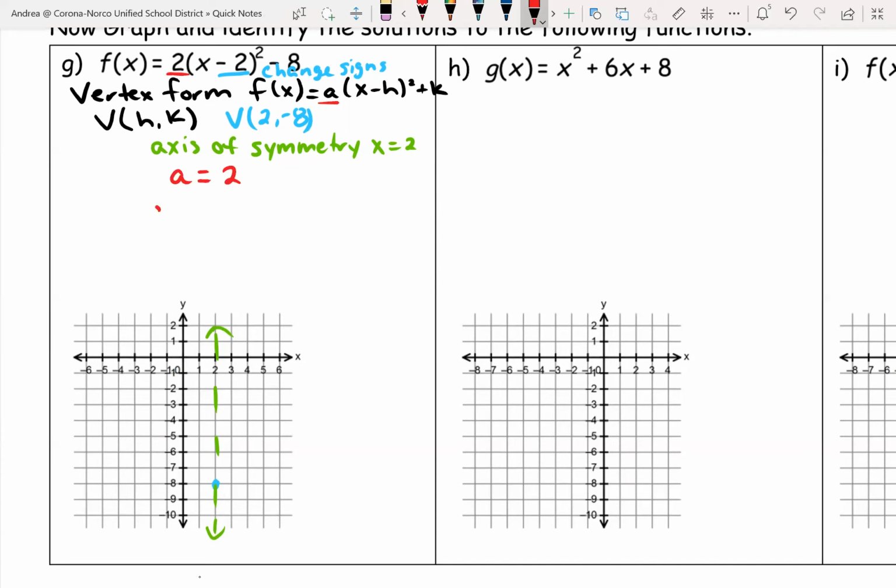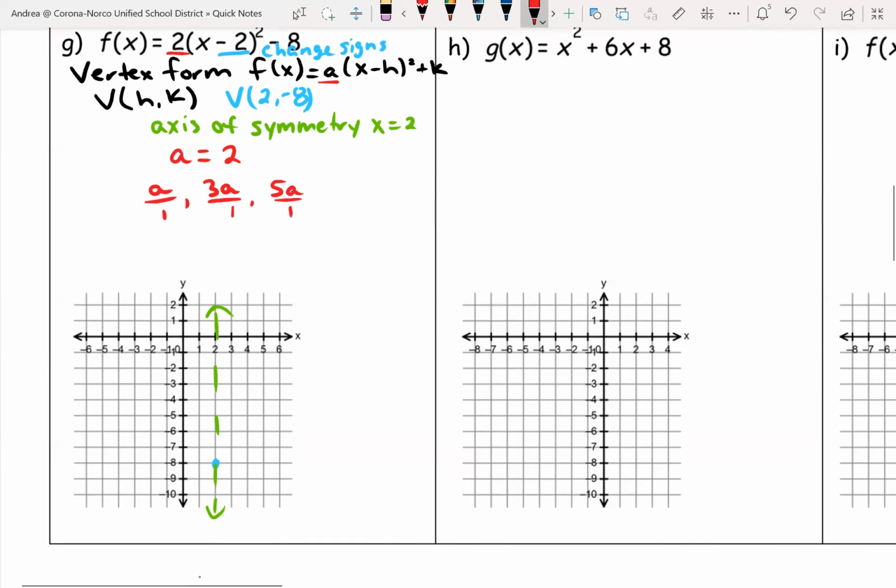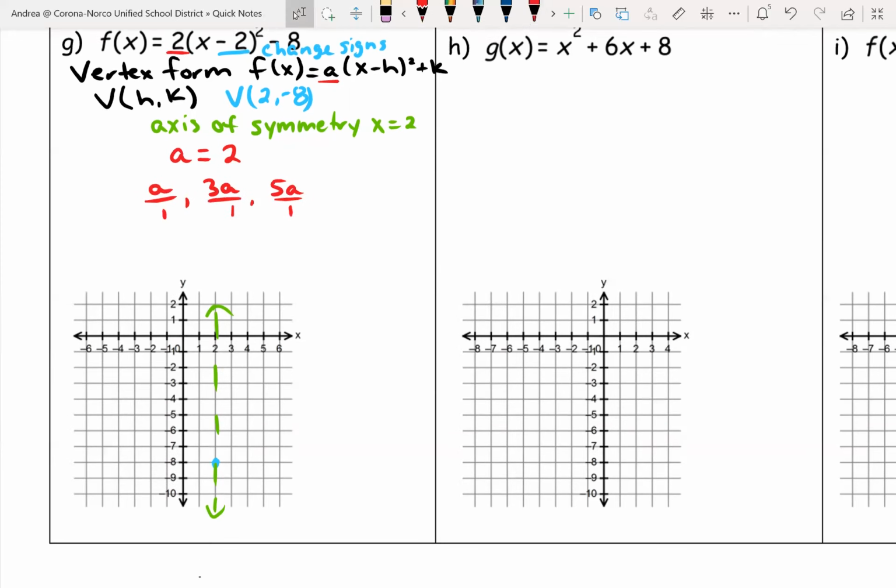So it's a over 1, then 3a over 1, then 5a over 1. So from the vertex, I go up 2 and over to the right one, up 2 and over to the left one.